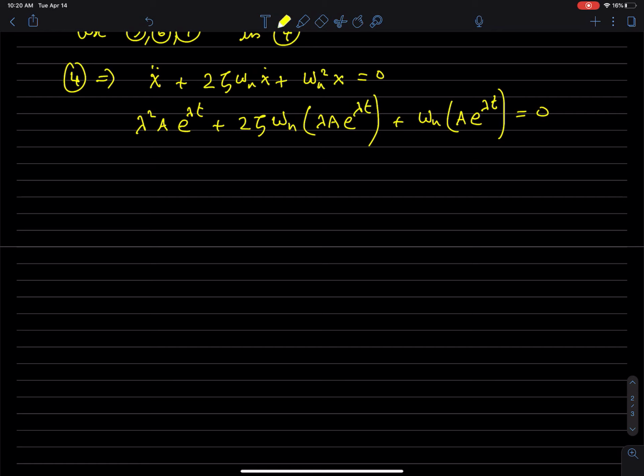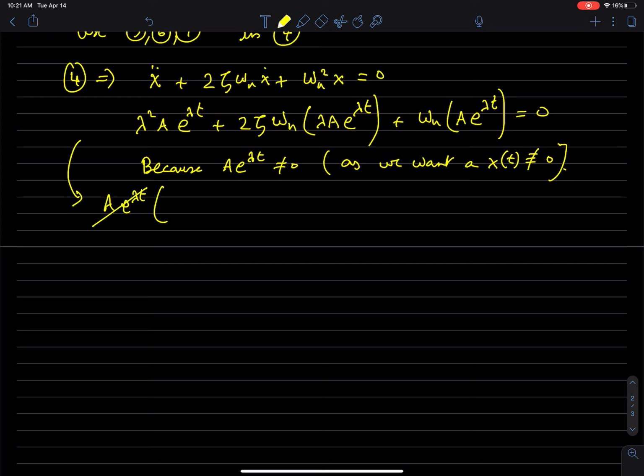So because a e power lambda t is not equal to 0, as we want x of t not identically equal to 0, essentially we have a e power lambda t, which you can cancel: lambda square plus 2 zeta omega n lambda plus omega n square equal to 0.